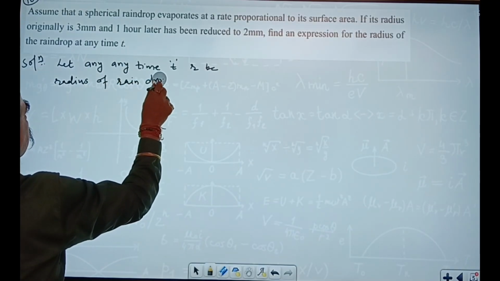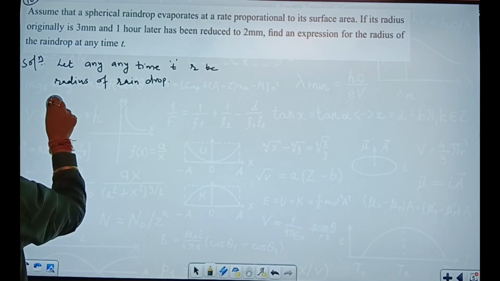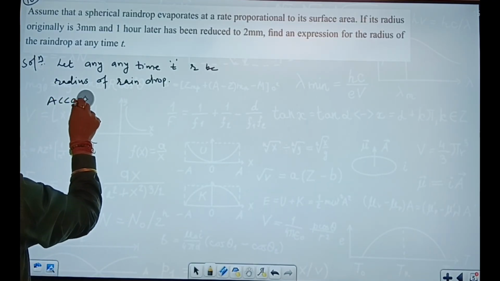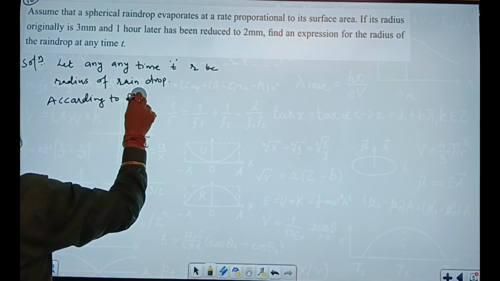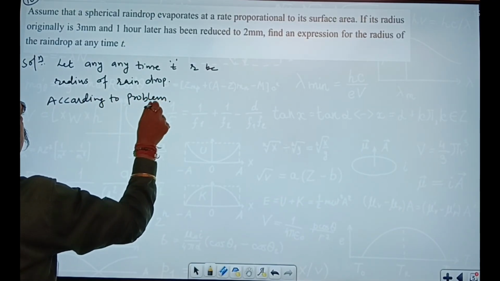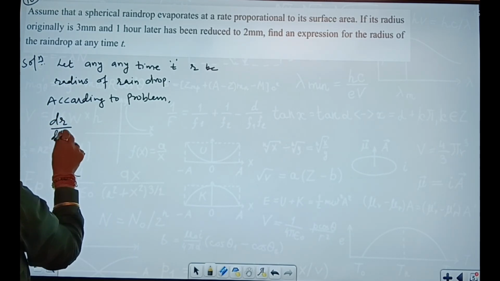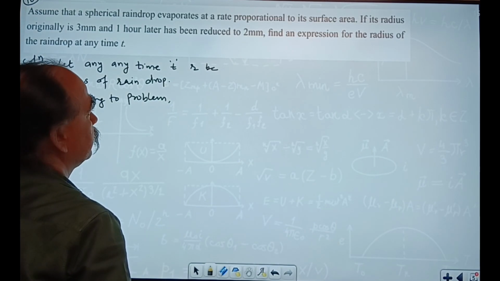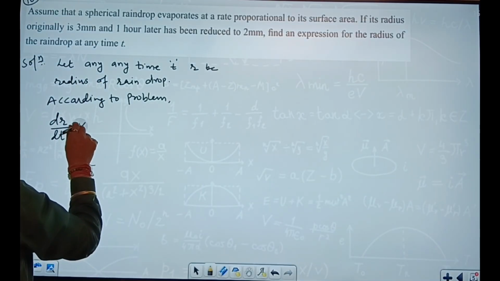According to the problem, dr by dt is proportional to its surface area.